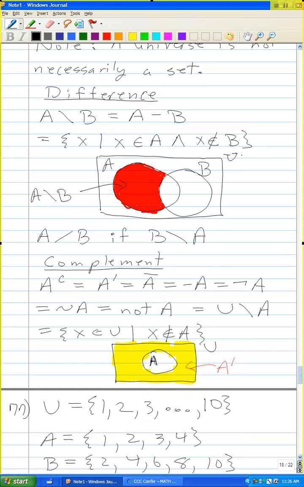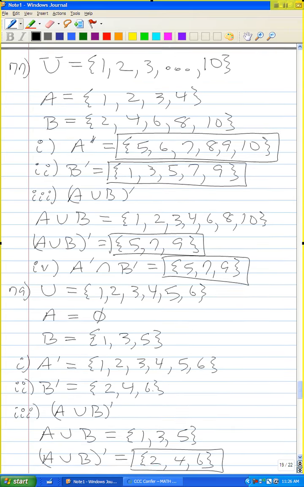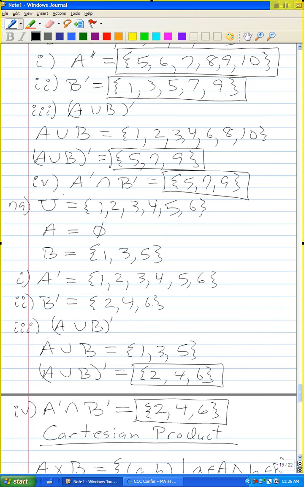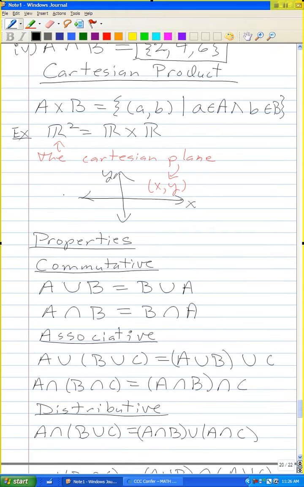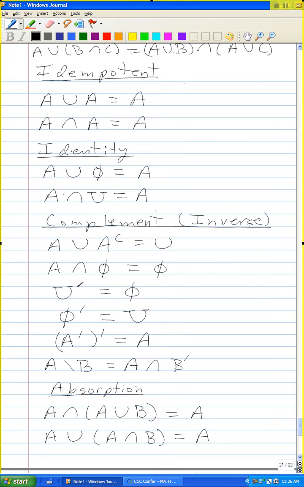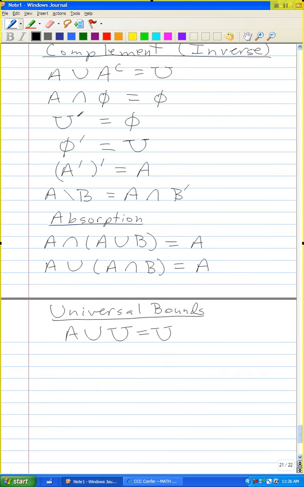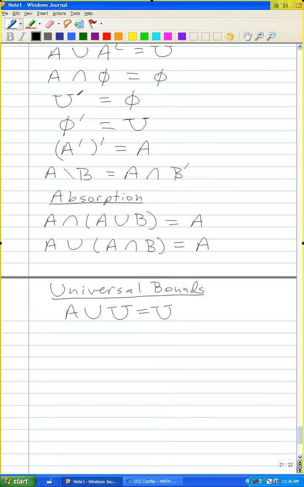Let's make those nicer, U's that look not like unions. Oh, there's another universe. So you can actually see that they're universes and not unions. Okay, good.